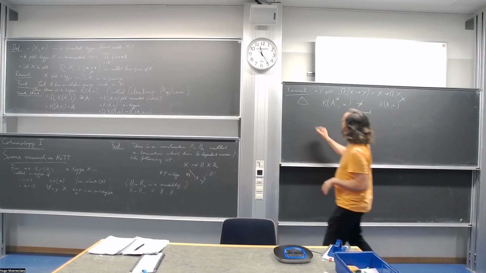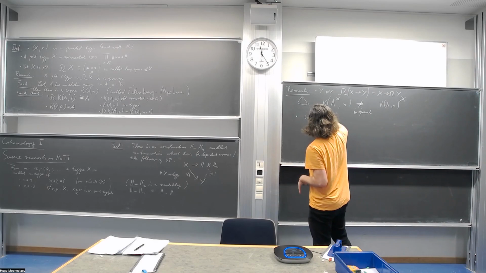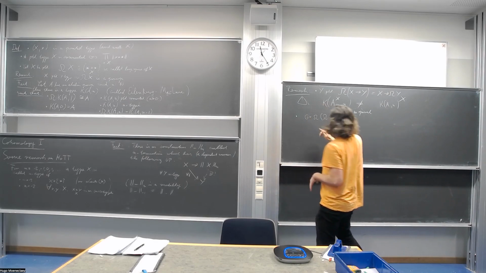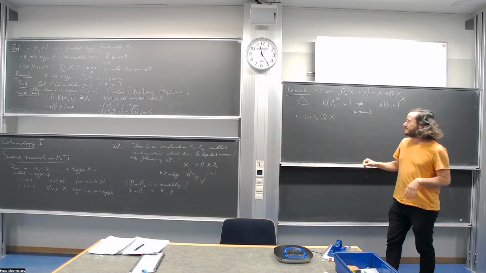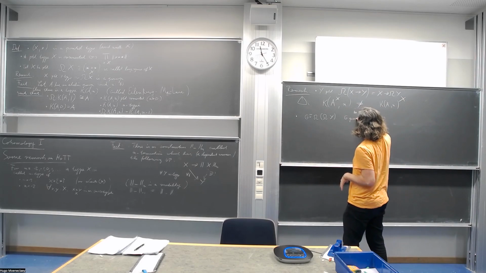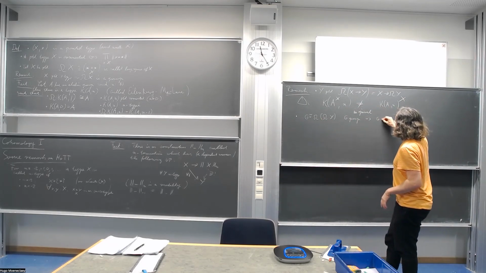Okay, and one other detail, which doesn't really fit, but which is good to know here, is if you have a group which is a double loop space, so G = Ω²Q, and this is an isomorphism, then the group is abelian.